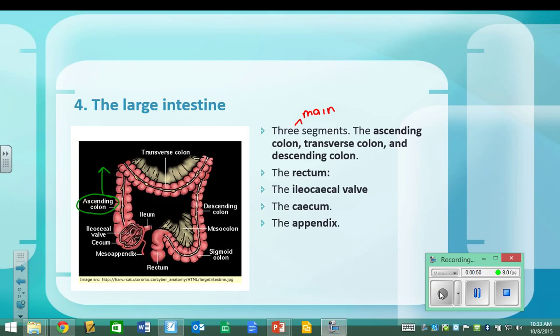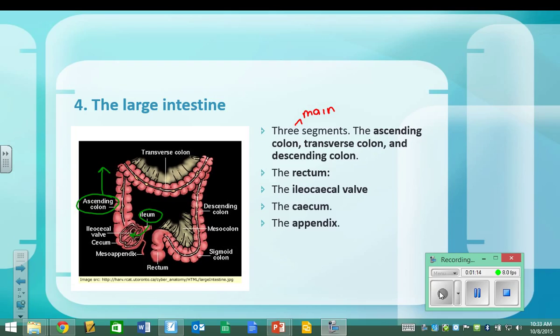And it's called the ascending colon because of the direction in which food is moving through it. So food comes in from the ileum. The ileum is the end of the small intestine. It enters, so we're kind of down at the bottom, and then food is going to move upwards.